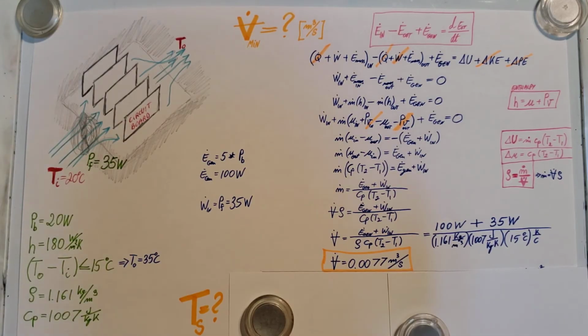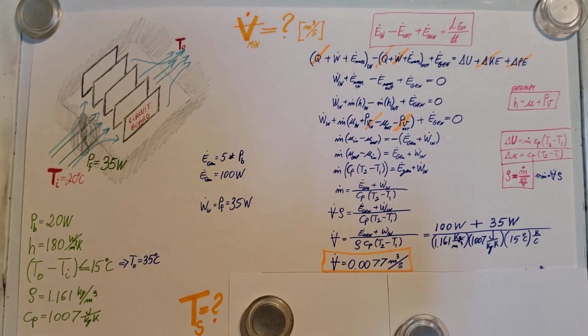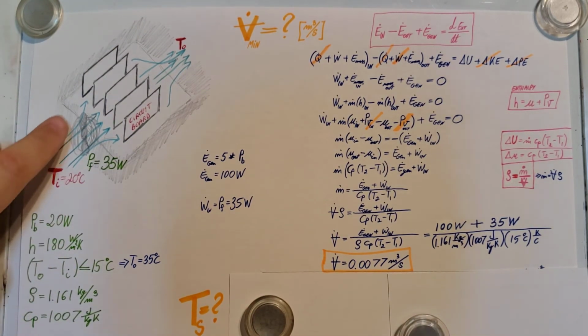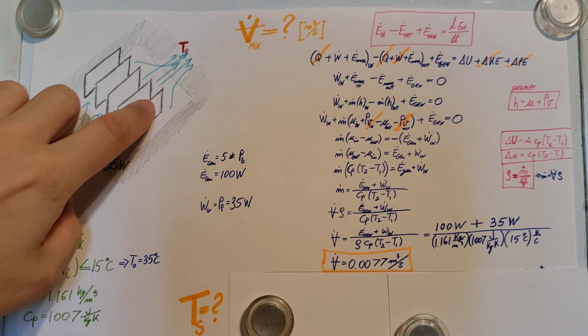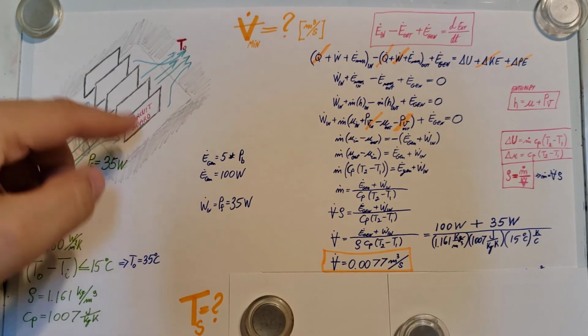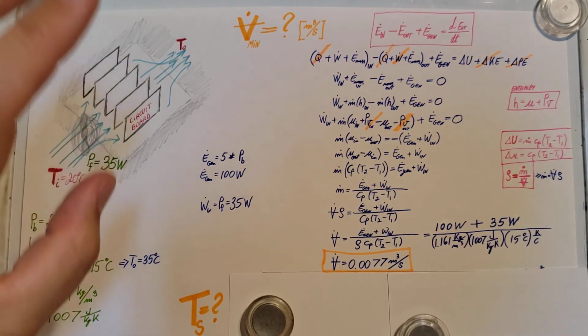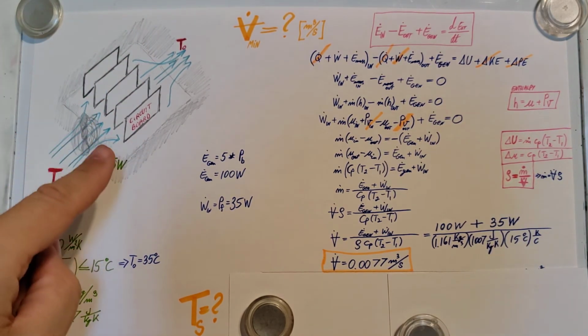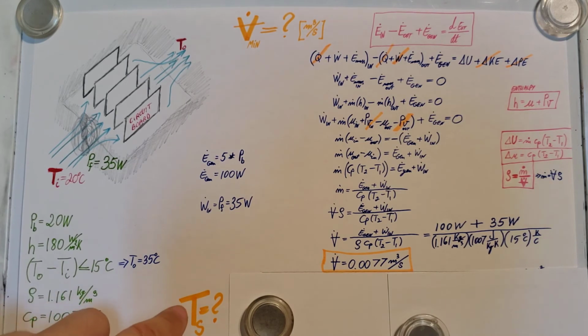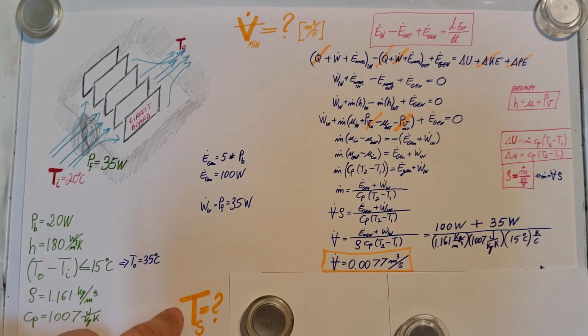Okay, now let's focus on the second question. We need to find the surface temperature for one of the components that would be placed on these circuit boards, any of them, and they are asking us to figure out where we would place this item that we want the surface temperature of.